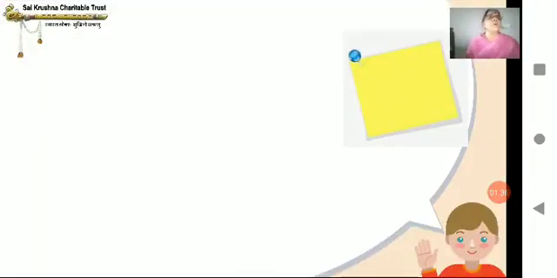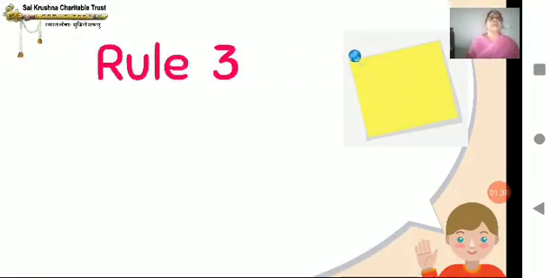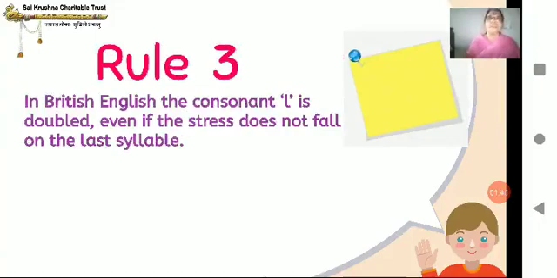So today we are going to continue with the class by learning what Rule 3 has to tell us. And in Rule 3 it says, in British English, there are 2 kinds of English. One is the American English and the other is the British English.